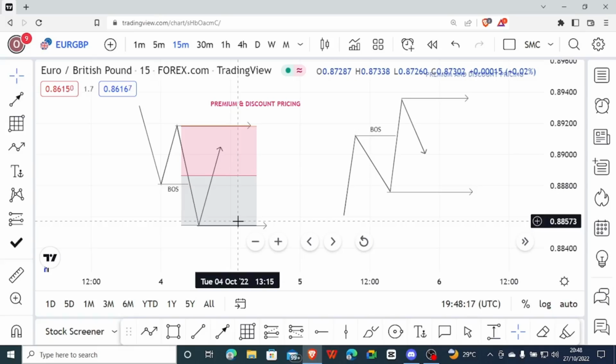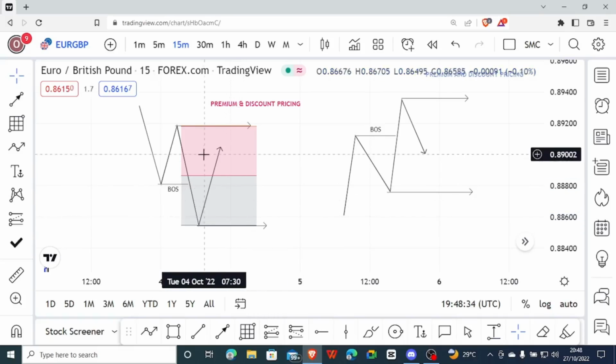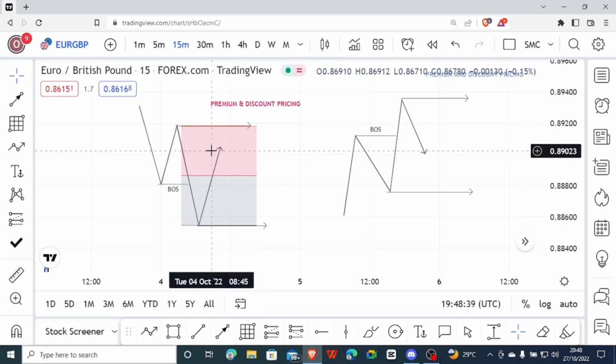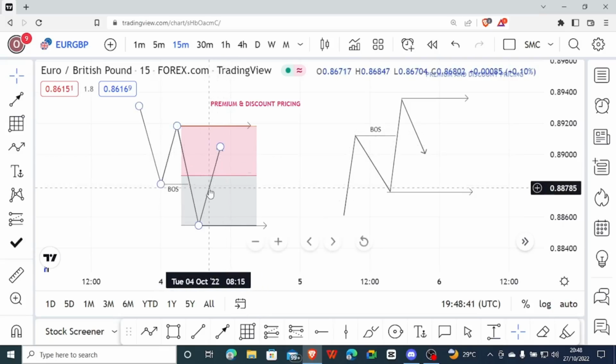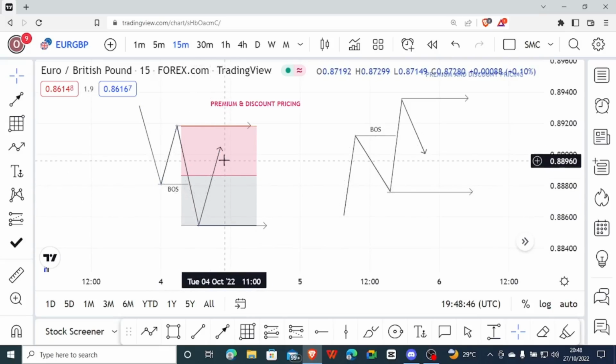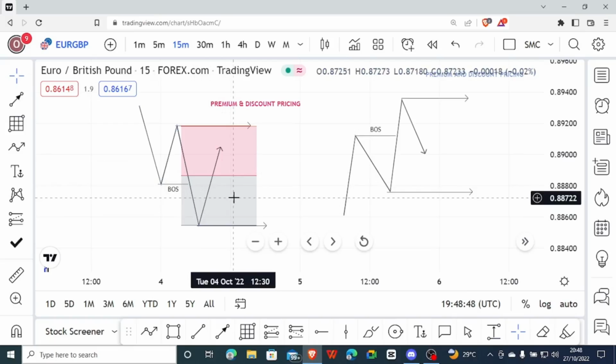Professional traders narrow their focus to a particular area on the chart where they can find high probability trade setups. In the case of this downtrend, it will help you to narrow your focus only to this premium zone, meaning that if you find OBs around this discount zone when you want to sell the market, you ignore them completely.